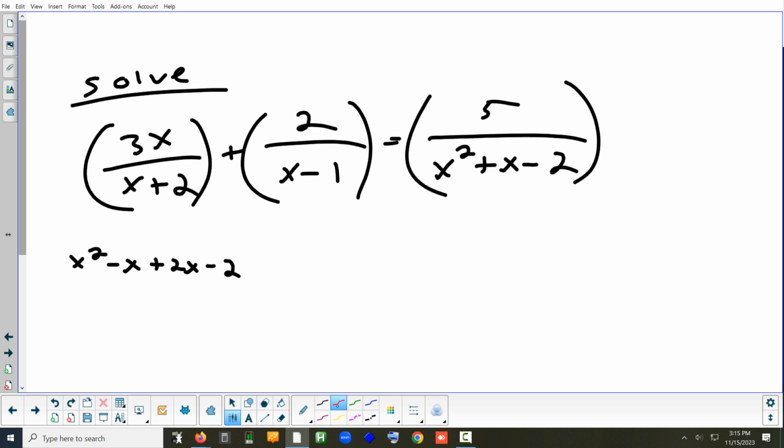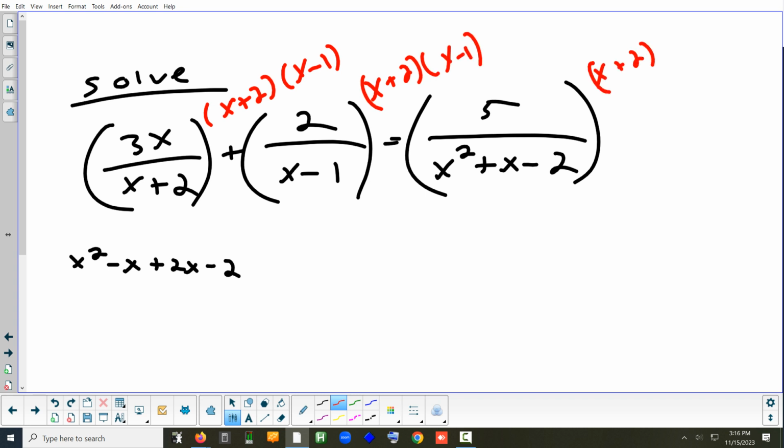All right. So what could we multiply all 3 of those by that would cancel all my denominators? X plus 2 and x minus 1. Yes. So x plus 2, x minus 1 in all 3 spots. Now, before you do anything, you want to cancel whatever you can.